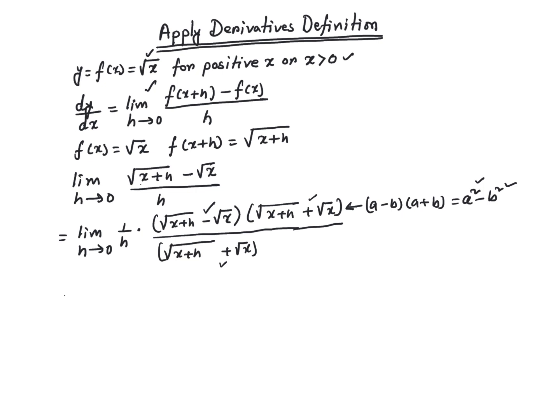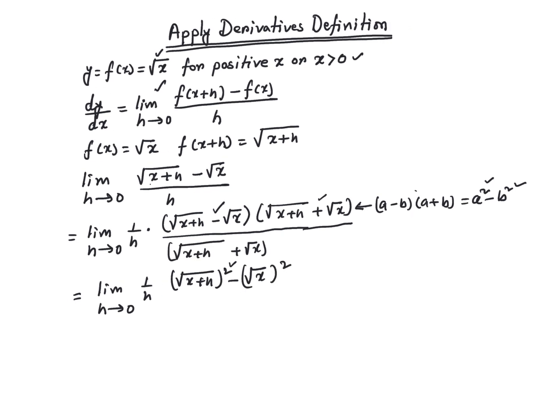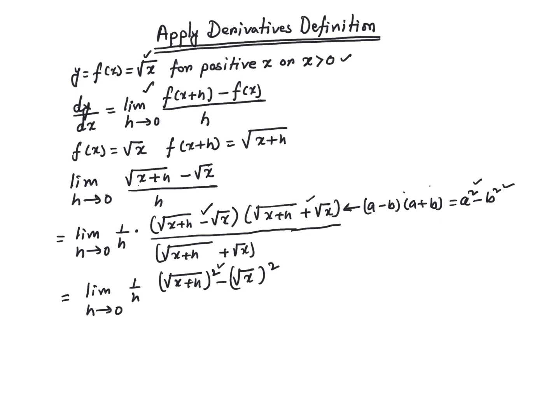So that's going to give me the following: limit h approaches 0, 1 over h. Now the numerator is going to be square root of x plus h whole square minus square root of x whole square, using the difference of squares formula. In the denominator we will have square root of x plus h plus square root of x.